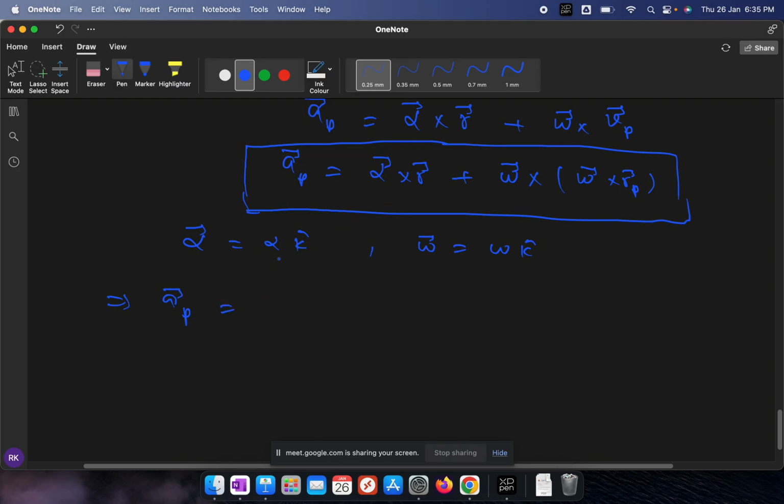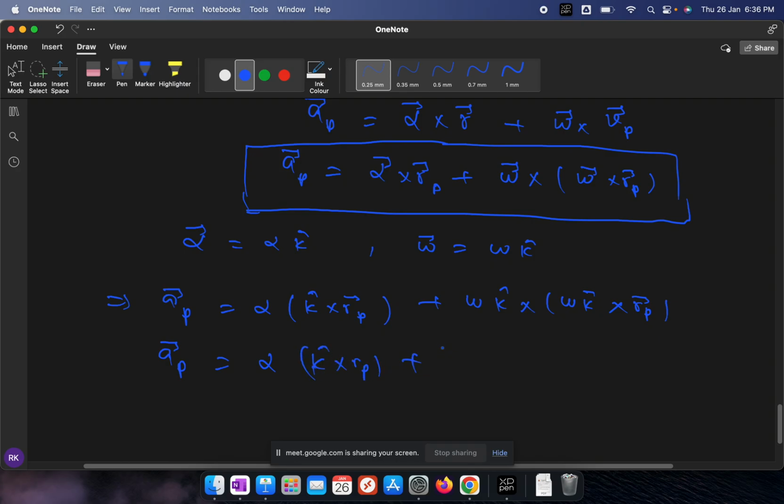Here alpha is constant, I mean scalar. So we write alpha k cross rp plus omega k cap cross omega k cap cross rp. Now simplify this, you will get alpha k cross rp.